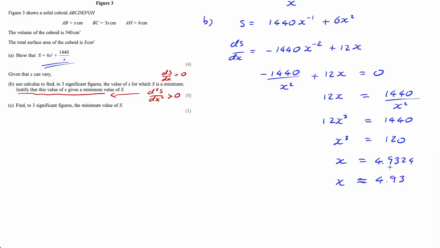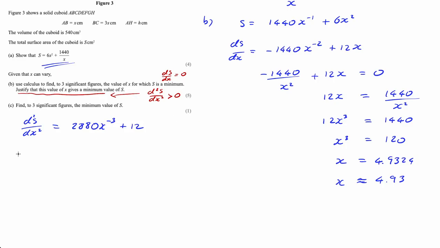Okay, so that's x, but that's the ds dx equals 0. But now we have to justify it. So now we have to find d2s dx squared. And this is equal to, so now I'm going to differentiate this. So minus 2 times this is plus, so it's going to be 2 times that, which is actually 2880 x to the power of minus 3 plus 12. Derivative of 12x is just 12.